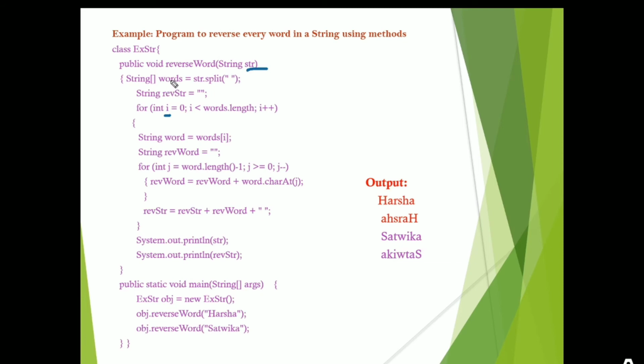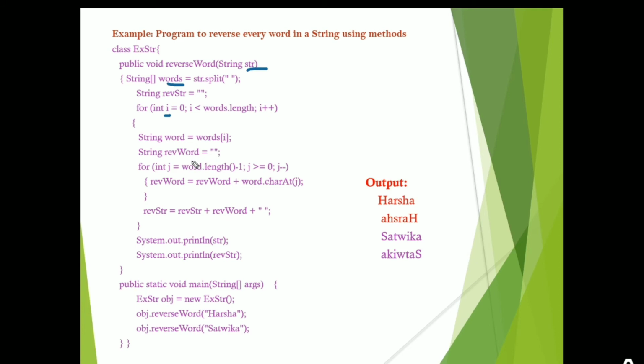Words is the string array which holds the different strings, and each is stored into the string word, words[i]. Word is another string used to hold the words at each index position. And the string reverseWord is empty.